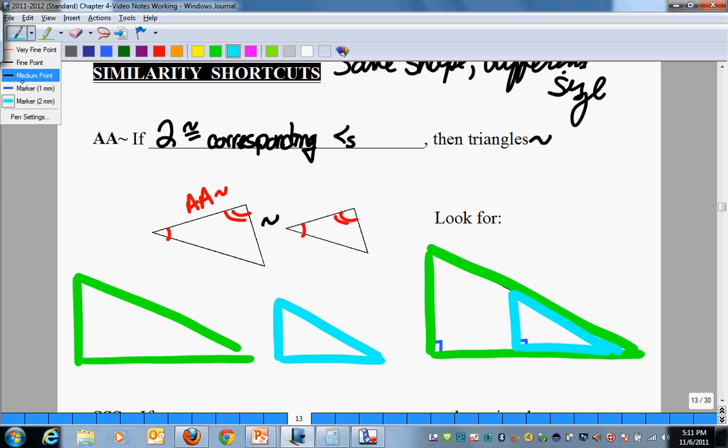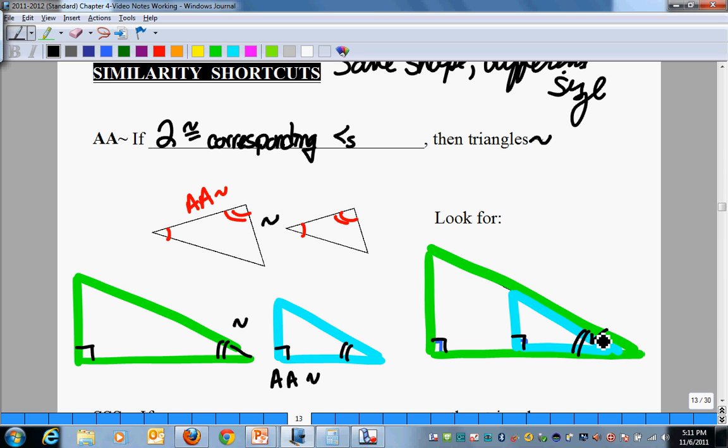In this scenario, we are told that we have 2 right angles, so they at least share a right angle. But if you look closely, they share exactly that, what I'll call the toe angle as well. So we would say that these are similar by angle-angle similarity. This is what's called a reflexive angle.